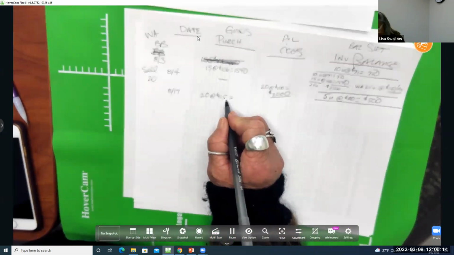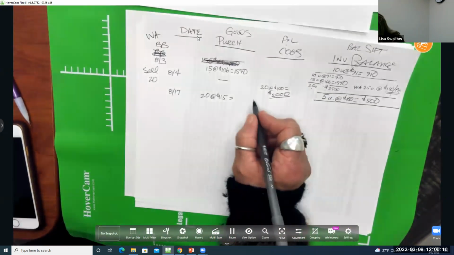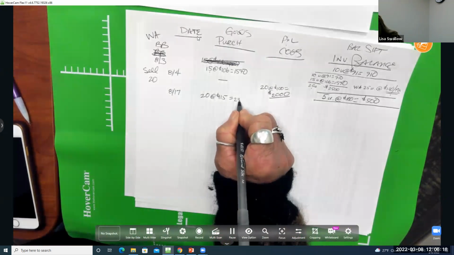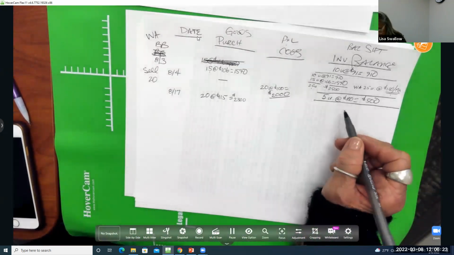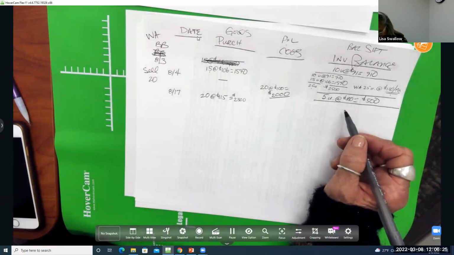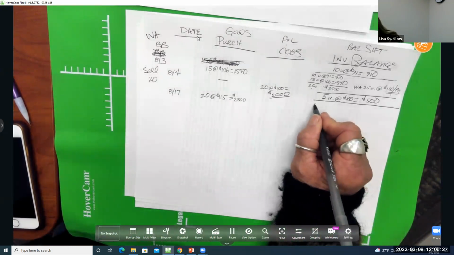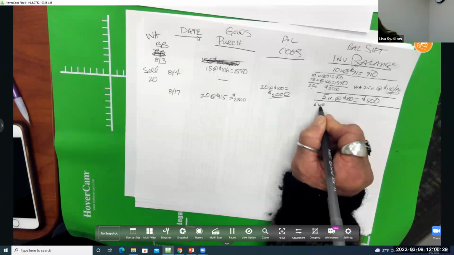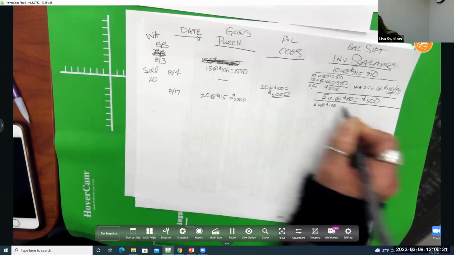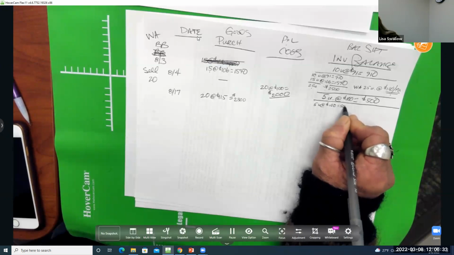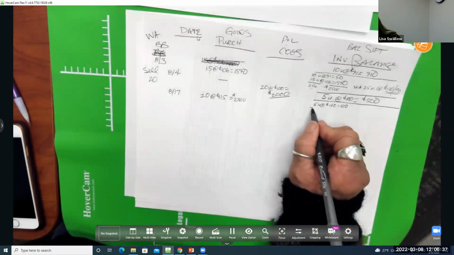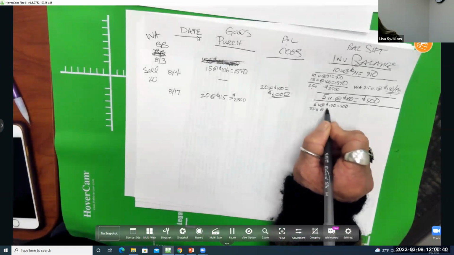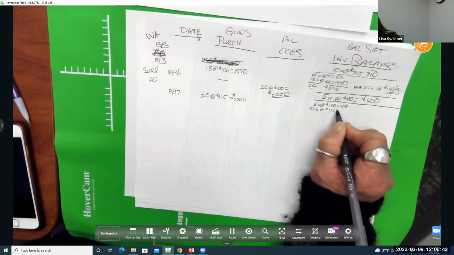Okay, so 20 times 115. I just made a $2,300 purchase. I'm still sitting here with these 5 units at $100 each. That never changes. Well, it changes every time you make a purchase, sorry. 5 units at $100 each. And then I just bought another 20 at 115.